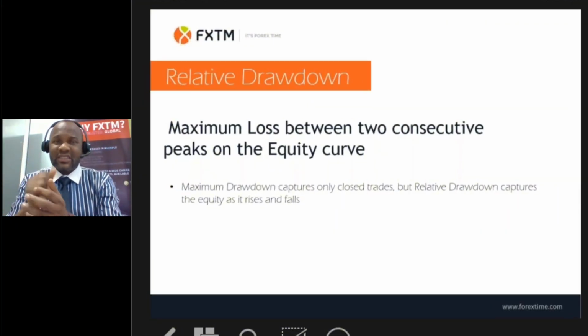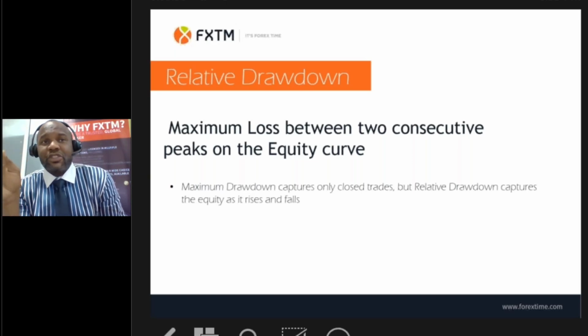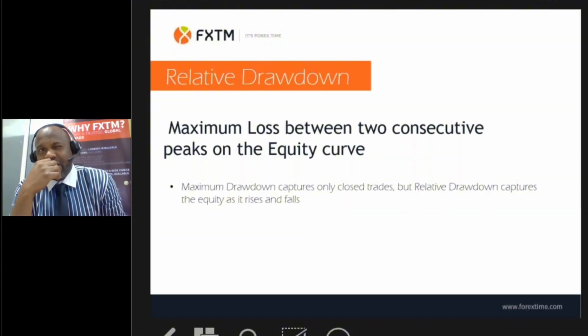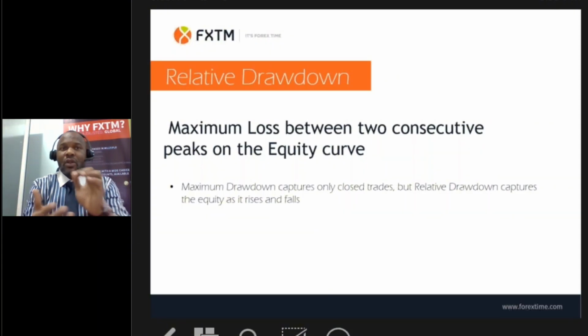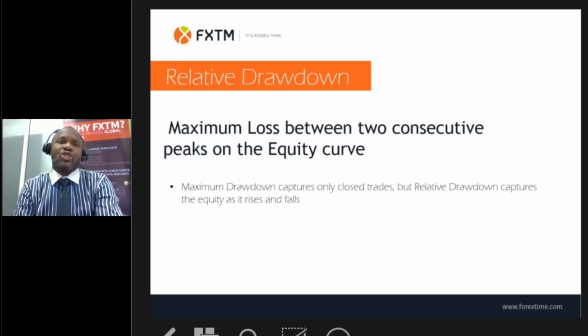All right, so it's good you just check that relative drawdown and find out if you have a large drawdown from that point. Is that okay? So the difference is that maximal drawdown only captures closed trades. Relative drawdown captures both running trades and equity, and closed trades.